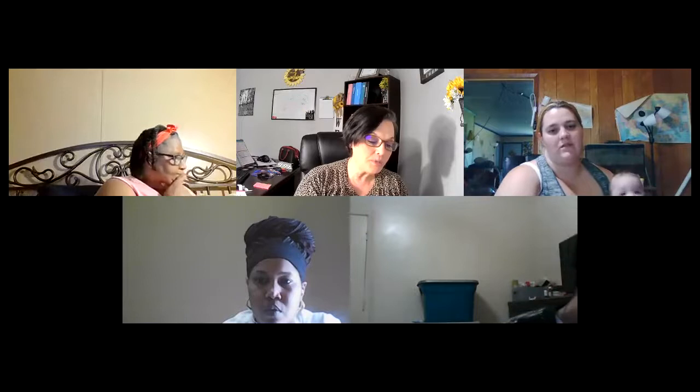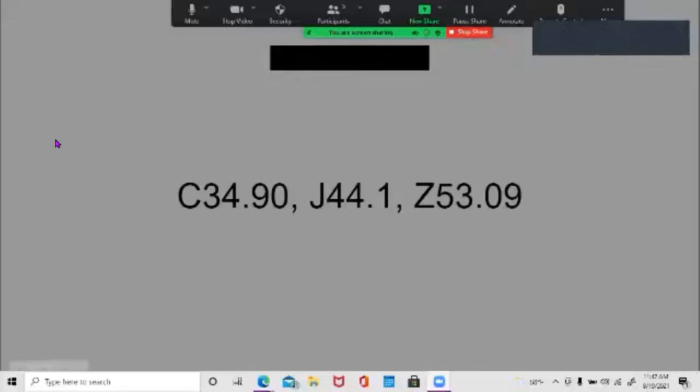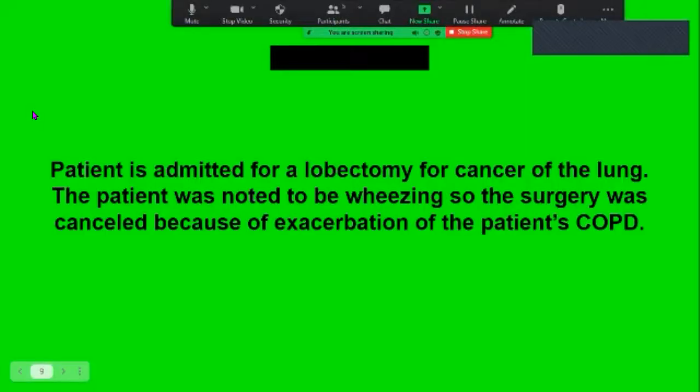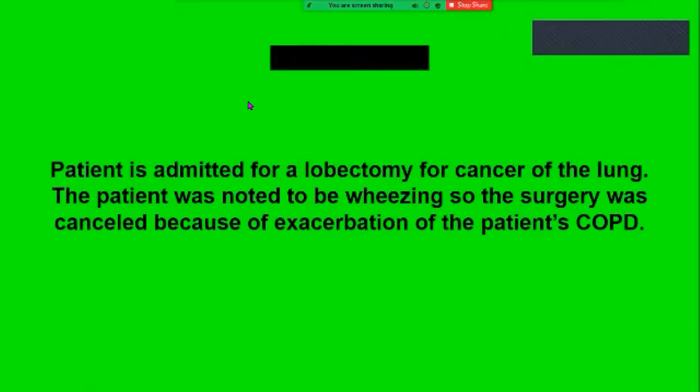And then I wanted to tell you what contraindication means. It's a specific situation in which a drug, procedure, or surgery should not be used because it may be harmful to the person. So in our scenario, we stopped that procedure. The patient was wheezing, so they stopped the surgery.